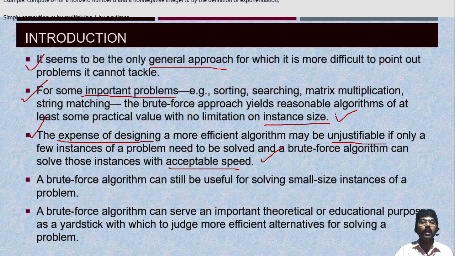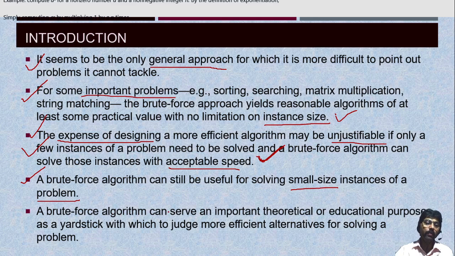So use a simple technique called brute force technique whenever you have a small, simple input size. The next one is brute force algorithm can still be useful for solving small size instances of a problem. As I told, if the input size is very small, better to use brute force technique, because brute force algorithms are very simple, easy ones.